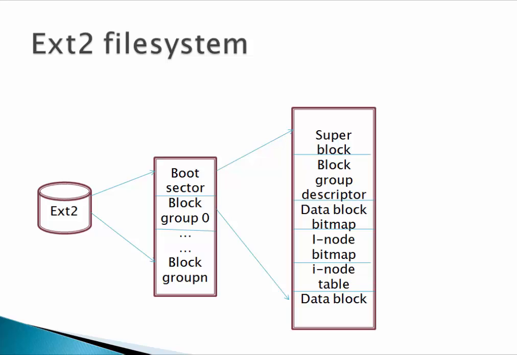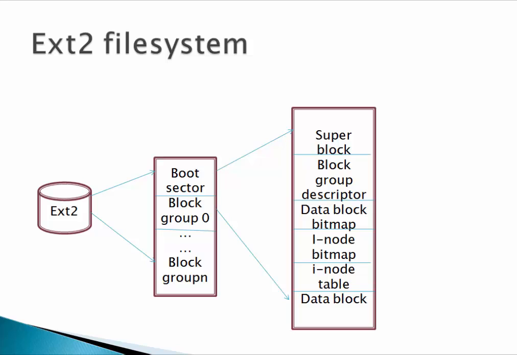Second, the block group is maintained with something called a block group descriptor, which holds the information regarding the block group stored here. Then we have something called the data block bitmap, which is used for free data block management.